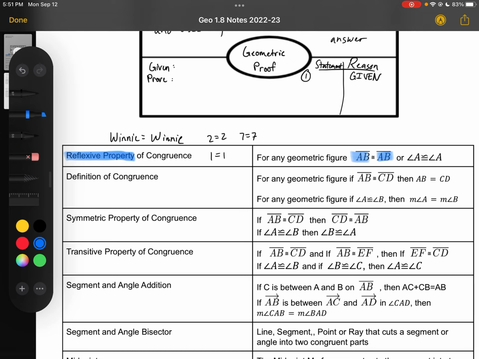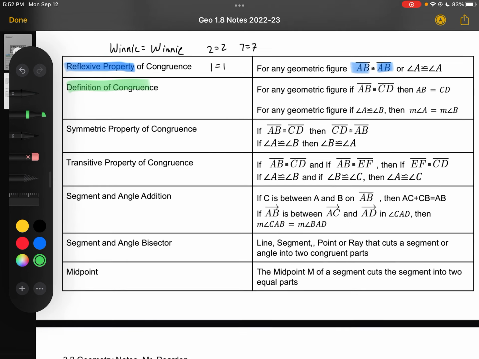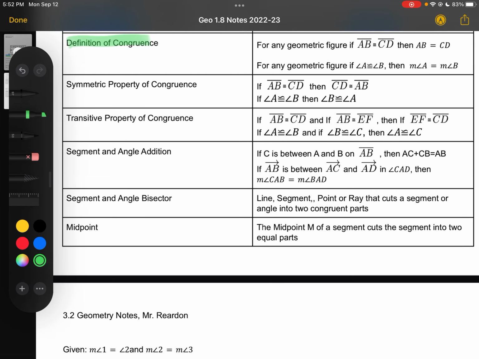Second, we have the definition of congruence, our second property here. I'll do this one in green. For our definition of congruence, what this says is that for any geometric figure, if two things are congruent, so our congruent symbol, they are also equal. So all that we're doing is we're rewriting: line AB is congruent to line CD.